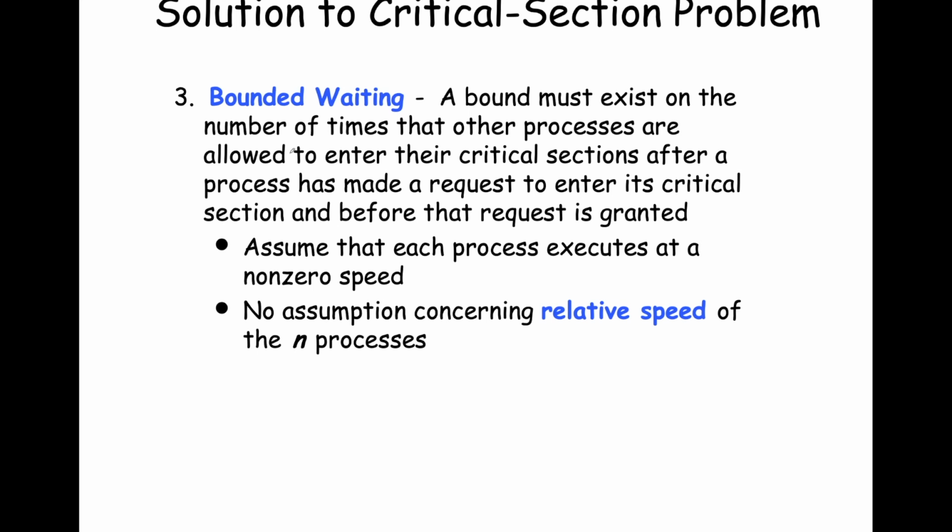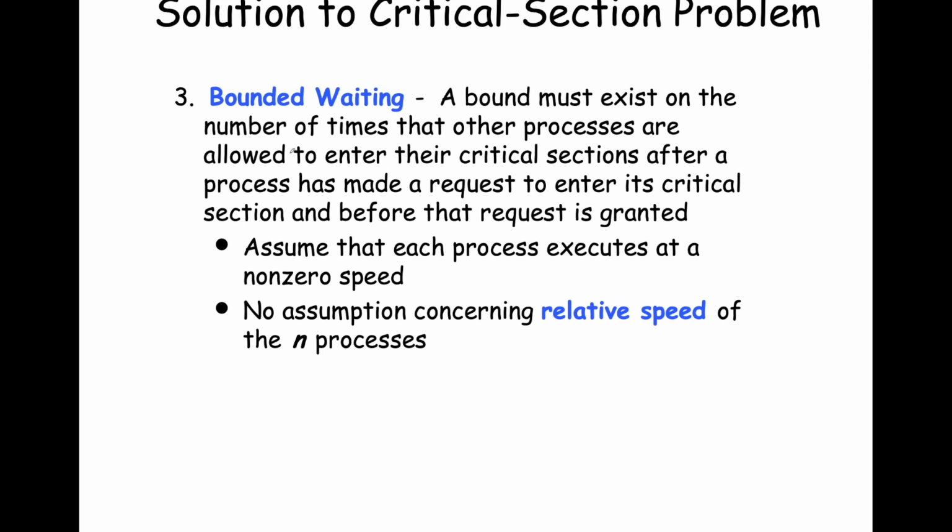And then this last part is important. It's called bounded wait. A bound, meaning an upper value, must exist on the number of times that other processes can be in the critical section after one process has made a request. So that means a kind of fairness. If you have n processes and one of them requests access, the other n minus one might go into the critical section before that requesting process, but eventually it's going to get its turn to enter.